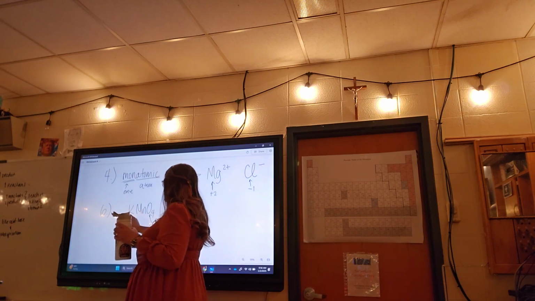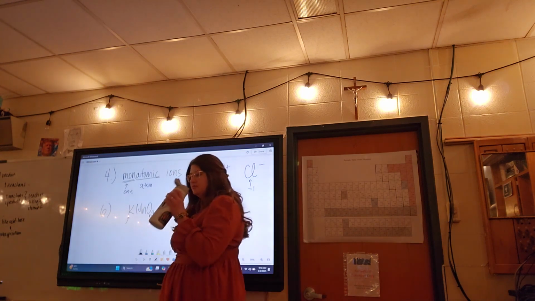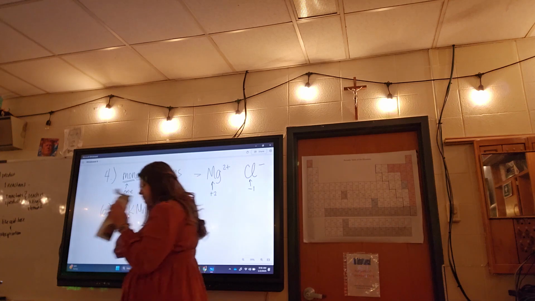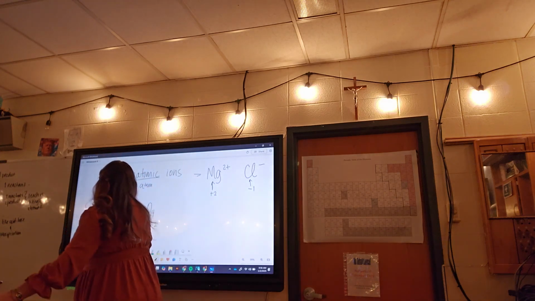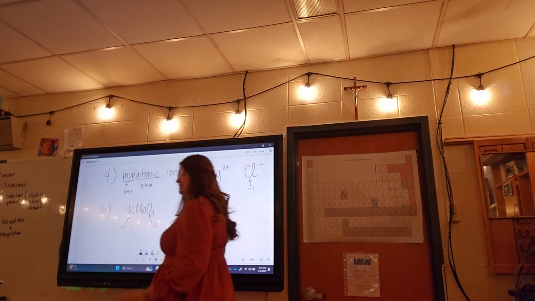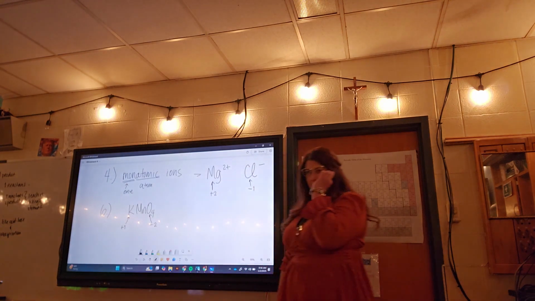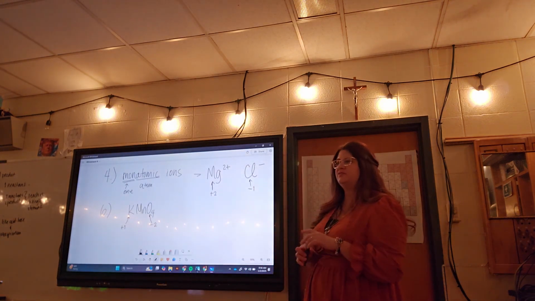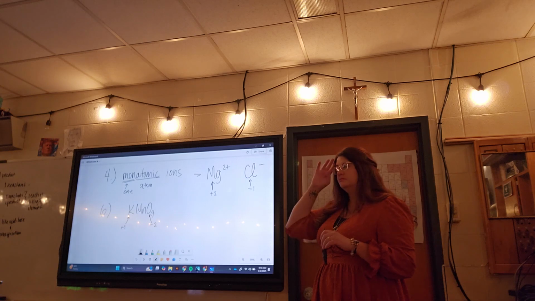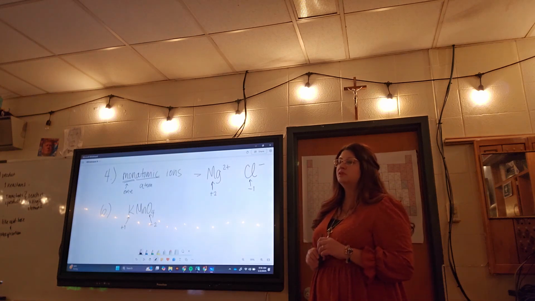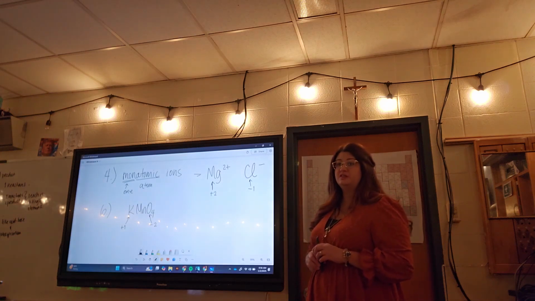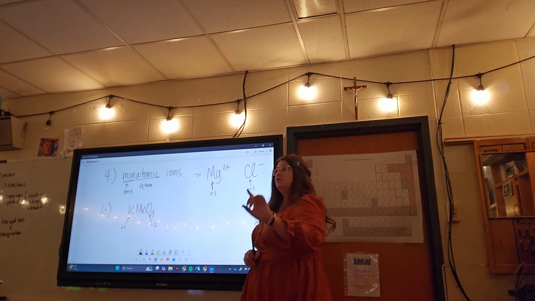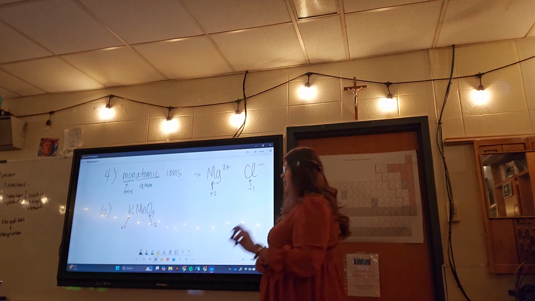All right, look on your periodic table and tell me what it is for potassium. +1. What about manganese? What does the periodic table say for that, friend? But there's a whole bunch of other choices, right? Okay, so now is where things get a little bit complicated.